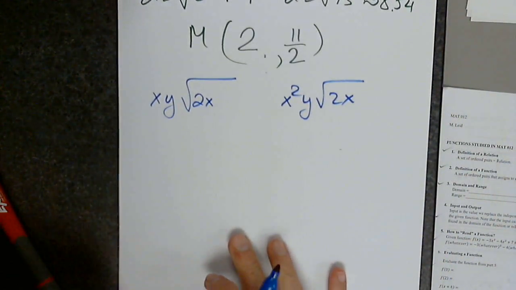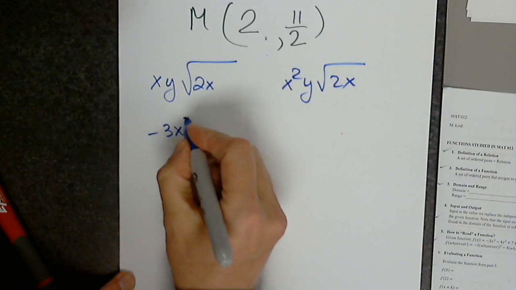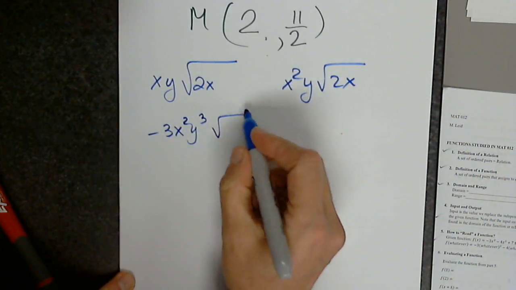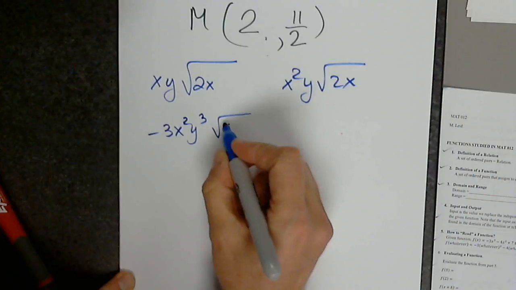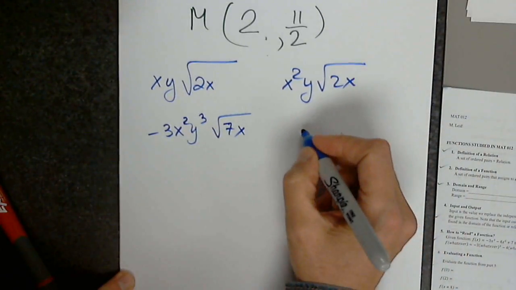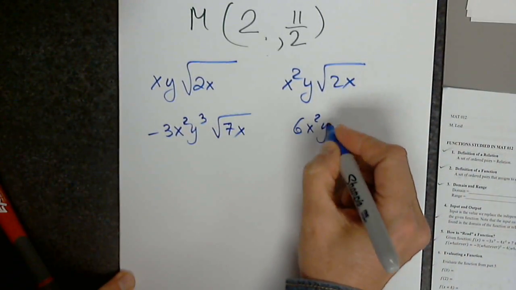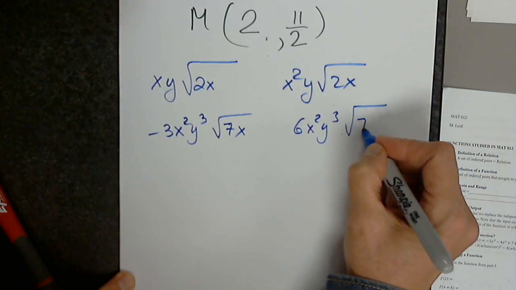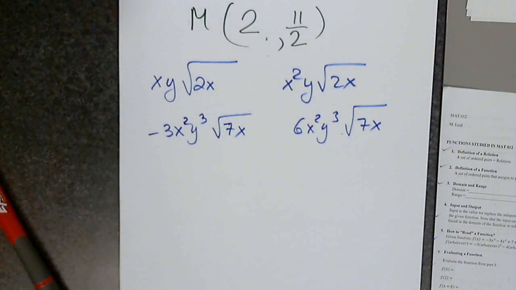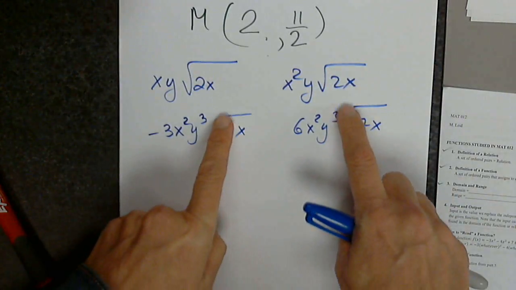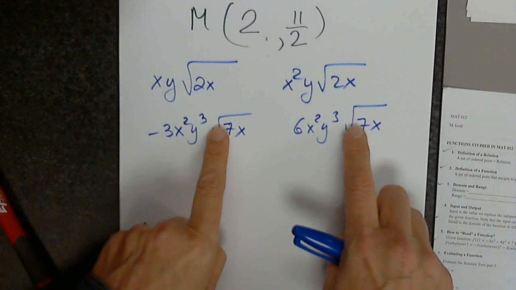Here's another example. Negative 3x squared y cubed, the square root of 7x, with 6x squared y cubed, the square root of 7x. Are these radicals like radicals? Can they be added or subtracted? Yes, because they have the same radical part, the same radicand, the same index.